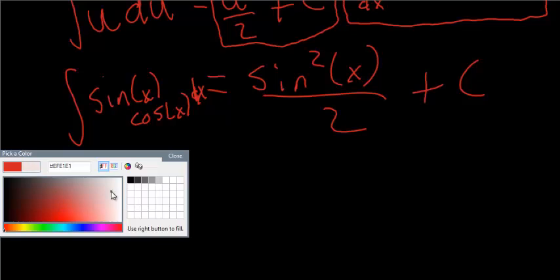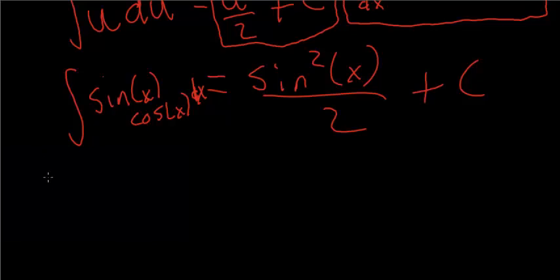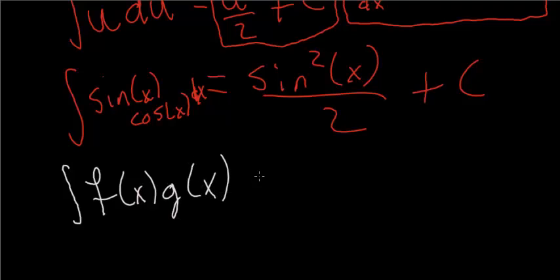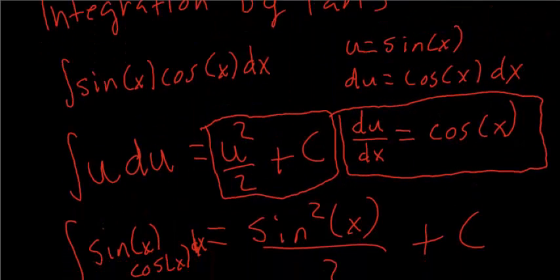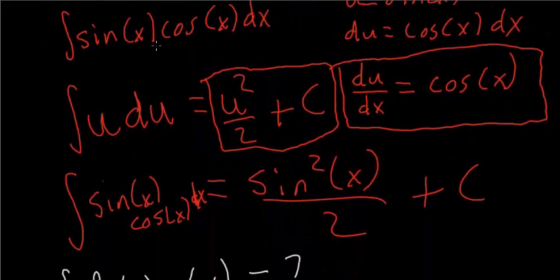A more general case, let's say we have the integral of just some two arbitrary functions of x, both of x, and they're being multiplied by each other. How do we solve this? So let me just remind you, in the first case, we used the fact that the derivative of one of the functions was the other function.